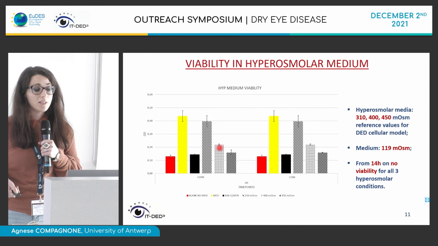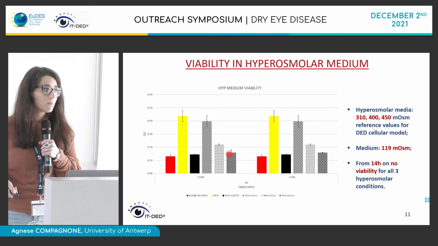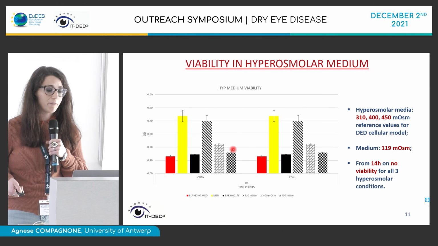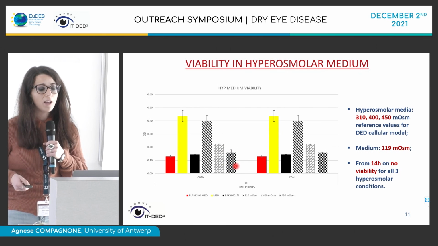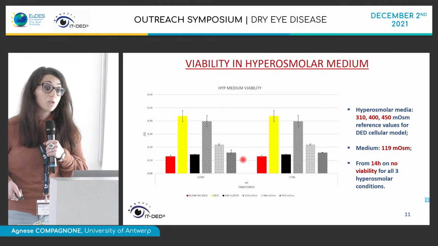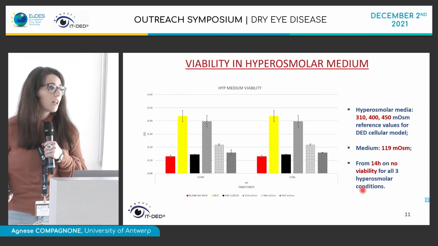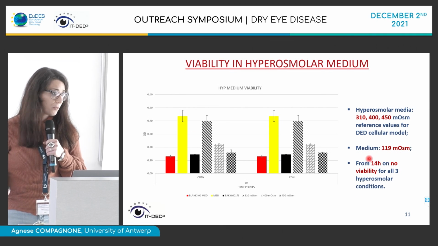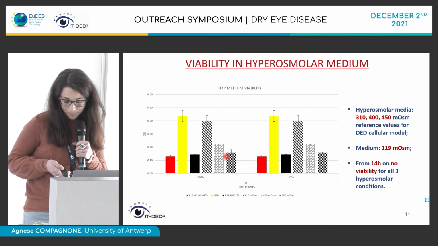In fact, the 450 hyperosmolar medium is one of the main ones affecting the viability of the cells. The time point chosen for the experiment was 6 hours, mostly because I saw that from 14 hours on, there was no viability for all 3 hyperosmolar conditions.